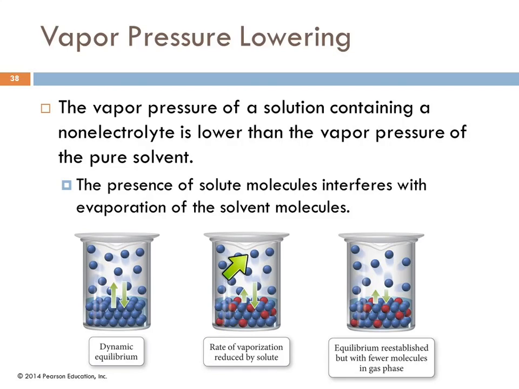And so the condensation will continue, the evaporation is smaller, and these will adjust because as this concentration in the gas phase becomes lower and lower, the rate of condensation becomes smaller, and eventually you'll get a new equilibrium. But the new equilibrium will have fewer molecules in the gas state.